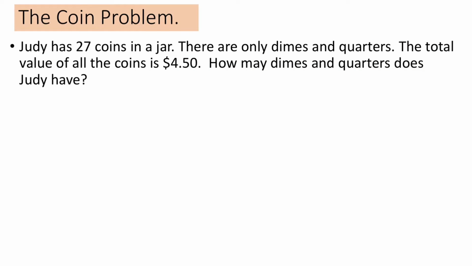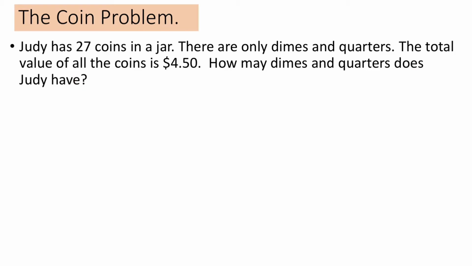The last thing we're going to do is try a word problem. The coin problem is a standard systems of equations problem. Let's figure out how to write a system of equations that represents this word problem. It says, Judy has 27 coins in a jar. There are only dimes and quarters. The total value of all the coins is $4.50. How many dimes and quarters does Judy have?